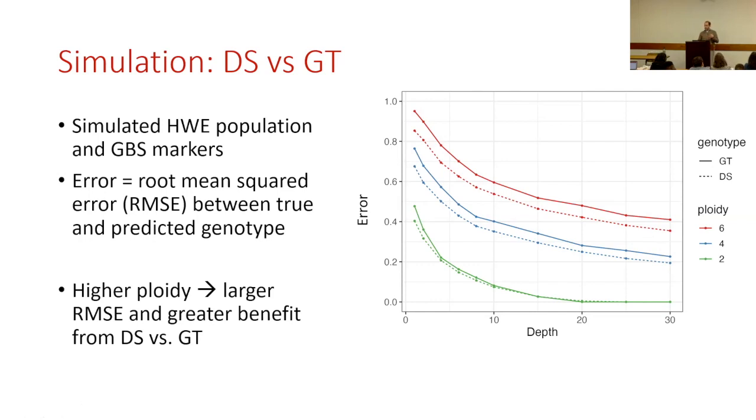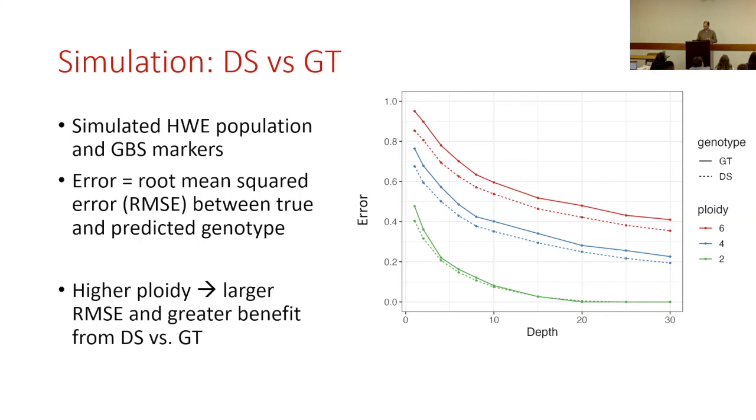And some of the typical rules of thumb we have about how many reads you need to achieve a reasonable error are really based on using the GT field. You can get by with a lot less depth and still have a very effective estimate of the dosage if you use the posterior mean.